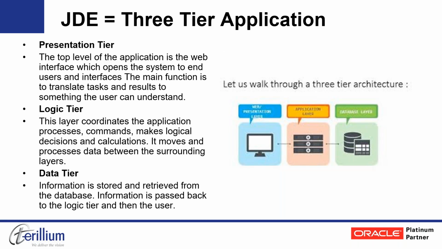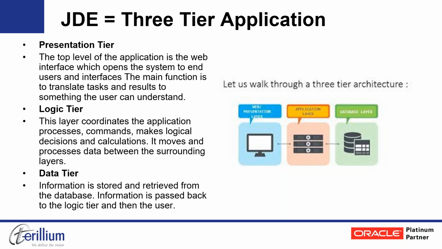And this is all based off of a three-tier application system that JD Edwards is based on. Basically, we have a presentation tier, which is how we present the system to users through a web interface or even through integrations through different web interfaces like AIS or business services. So everything comes in through that presentation layer.